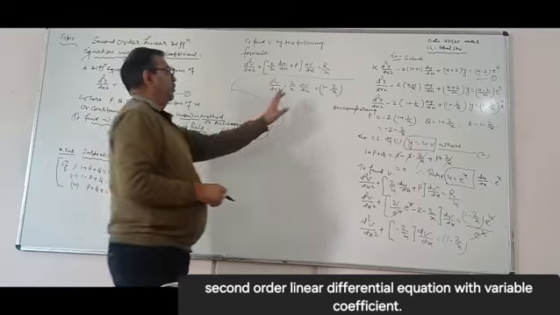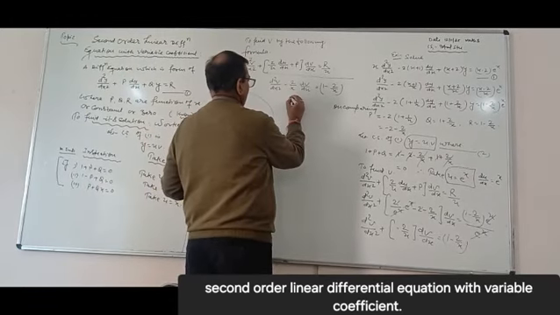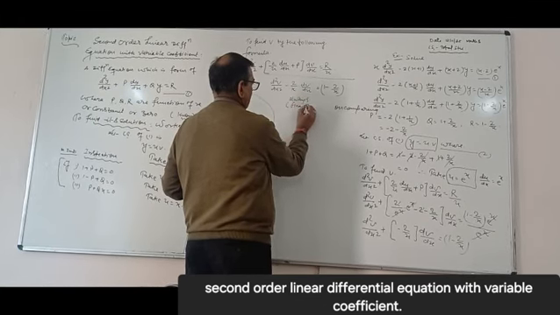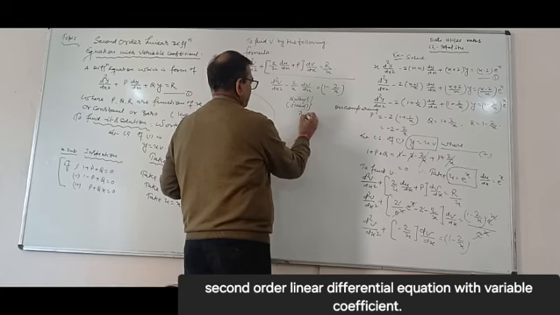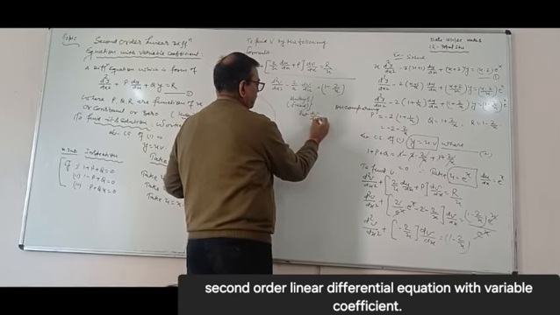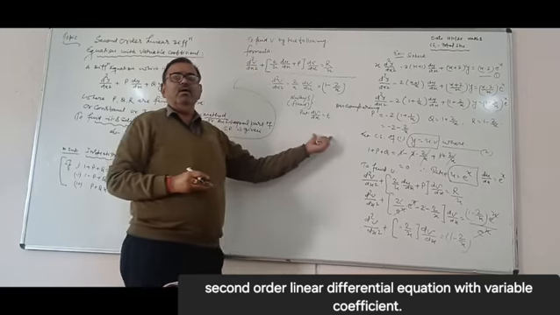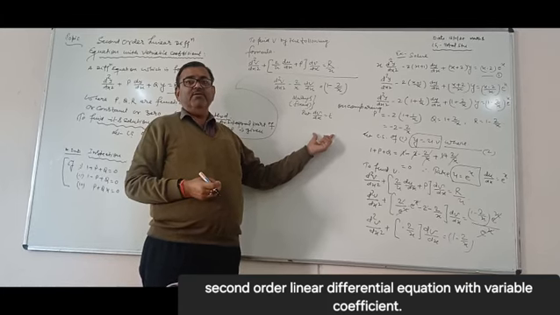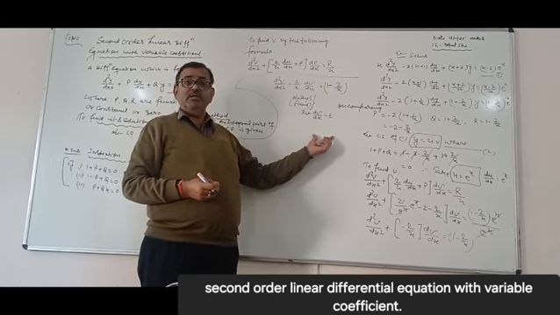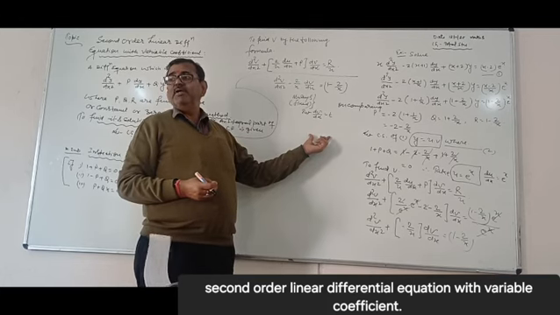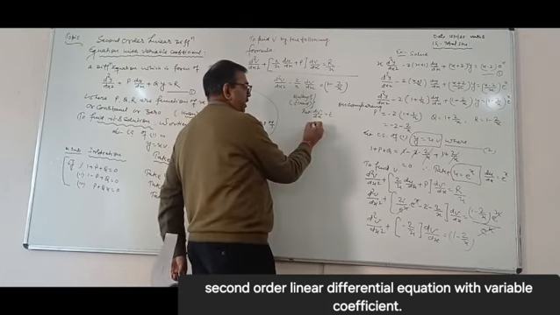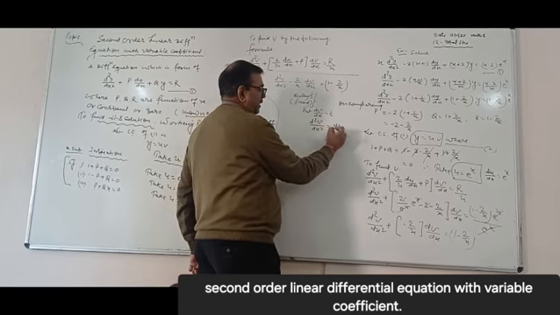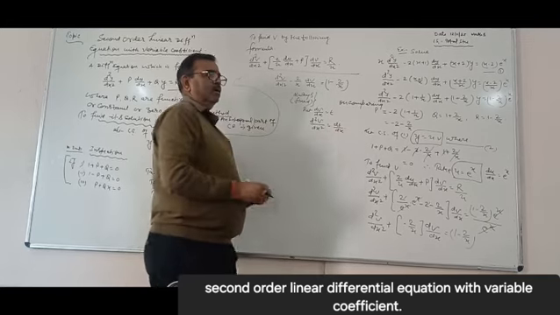Always here we put a fix: dv/dx = t. After differentiating this with respect to x, we find d²v/dx² = dt/dx.